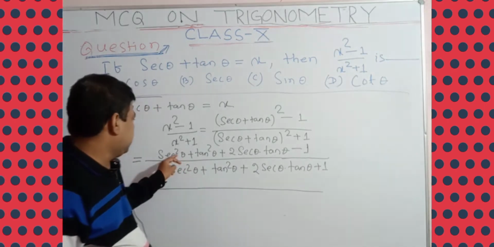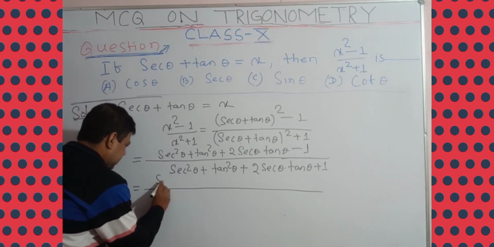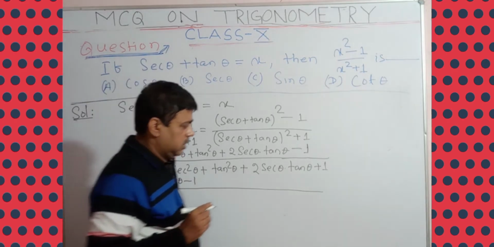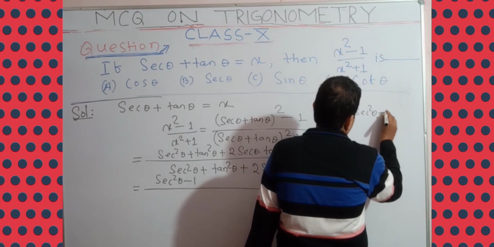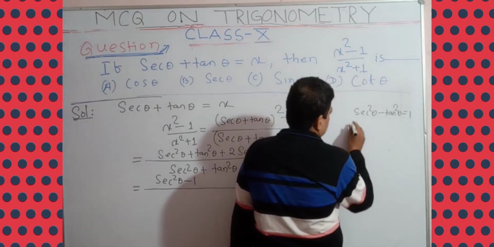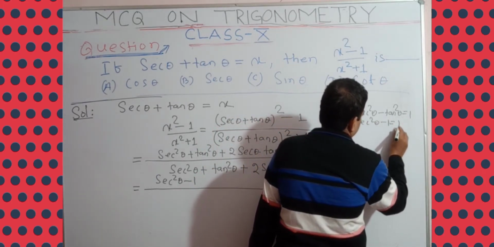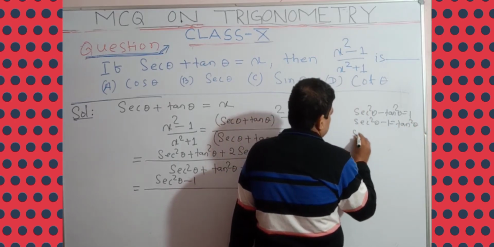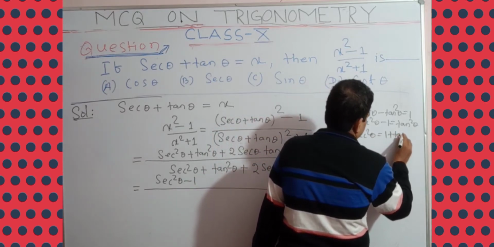Yes, here you have to arrange sec square theta minus 1. Let us write sec square theta here, so here you write minus 1, because we know one formula: sec square theta minus tan square theta is equal to 1. And you see sec square theta minus 1 is equal to tan square theta, and sec square theta is equal to 1 plus tan square theta.